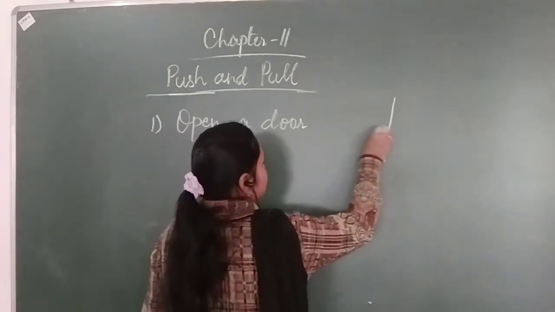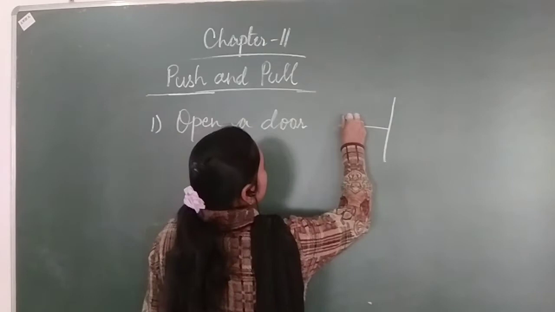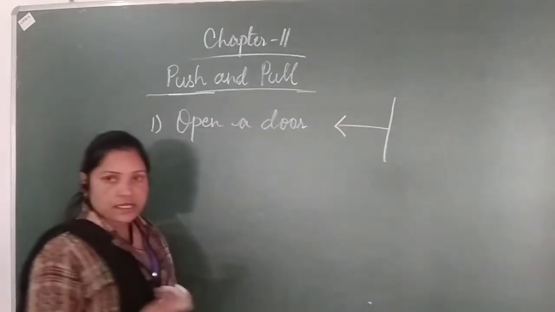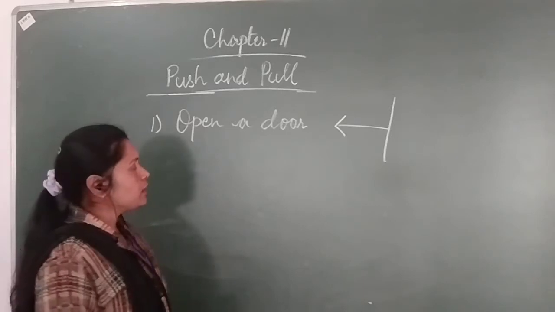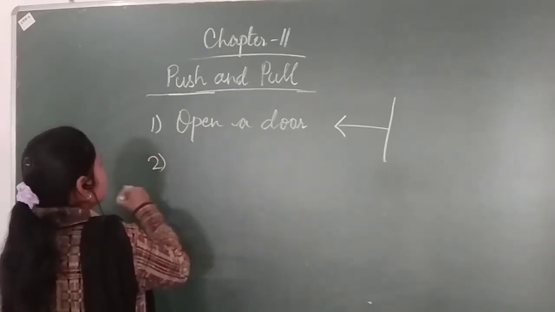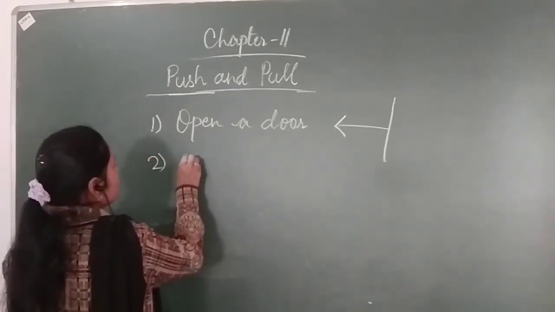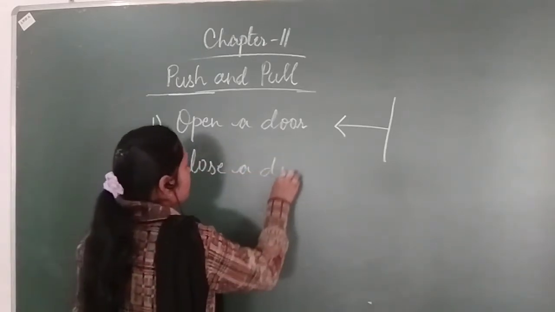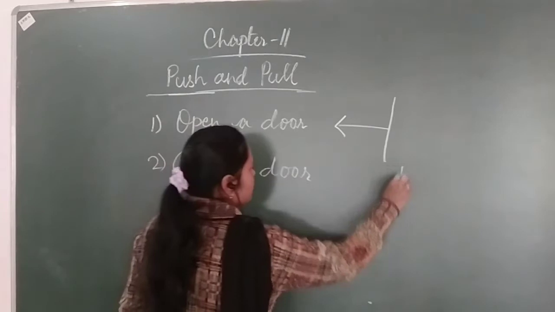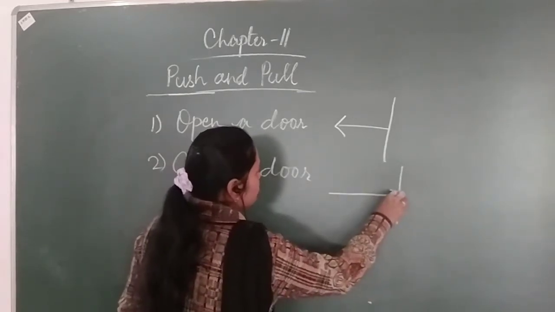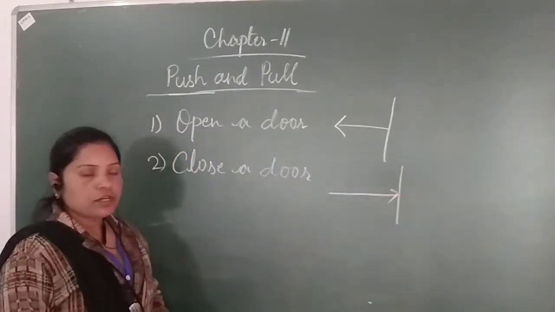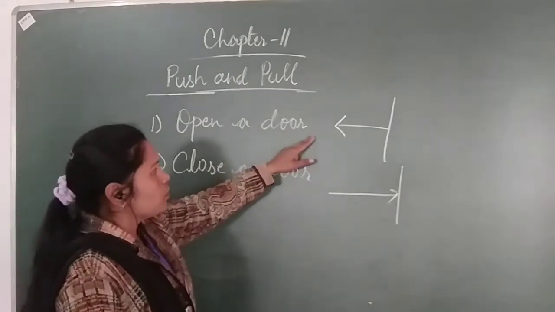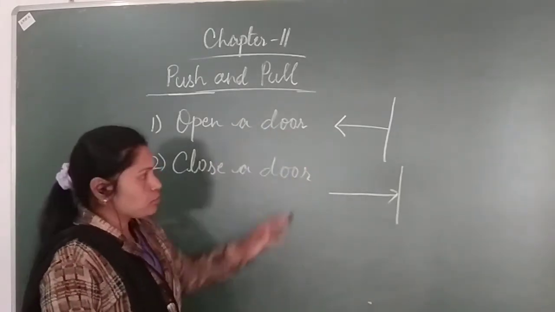We will have to pull the door towards us. Okay? And then if we want to close the door, what will we do? We will have to push the door. So in both the situations, we have to pull and push.